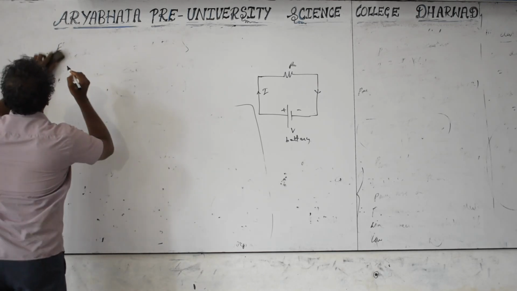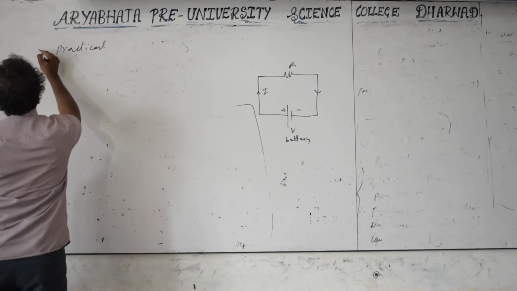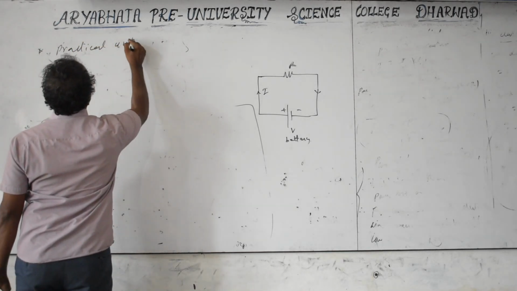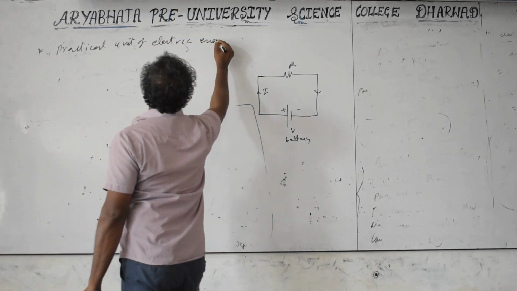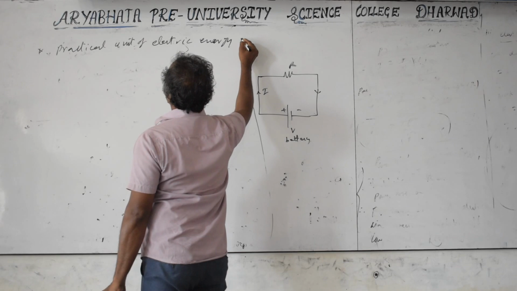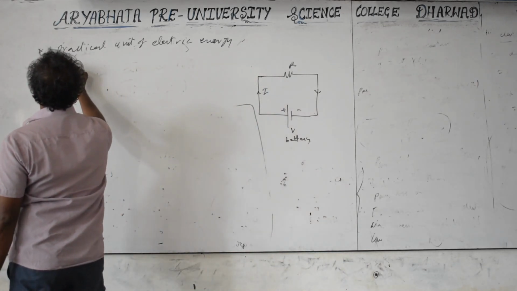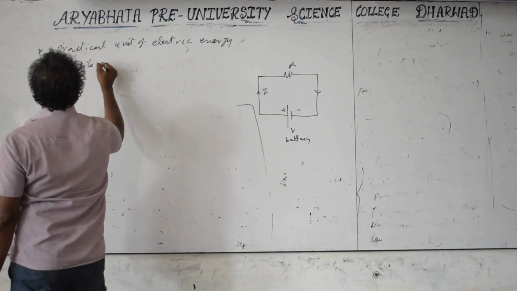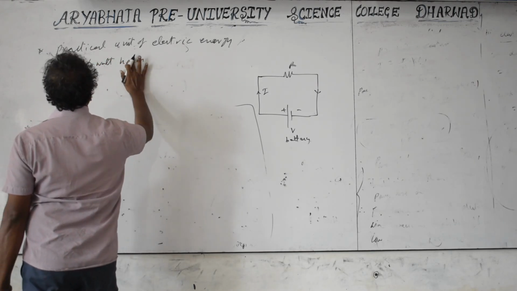The practical unit of electric energy is kilowatt hour.